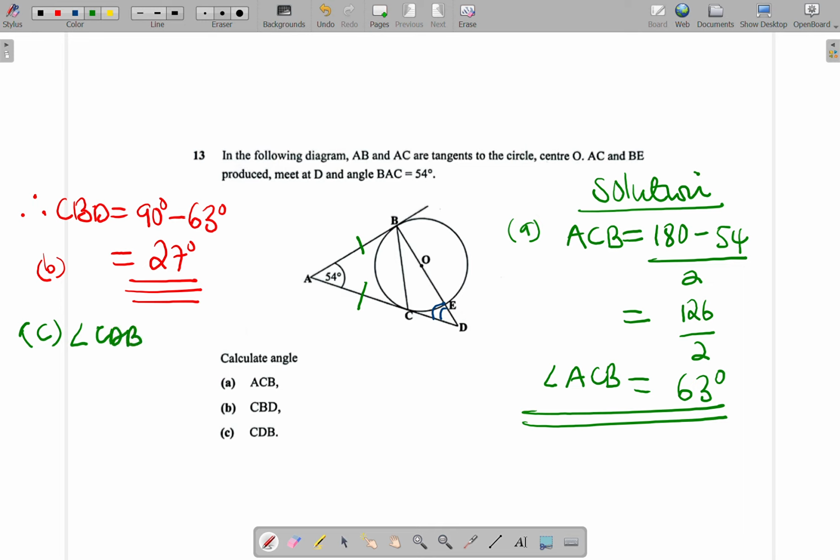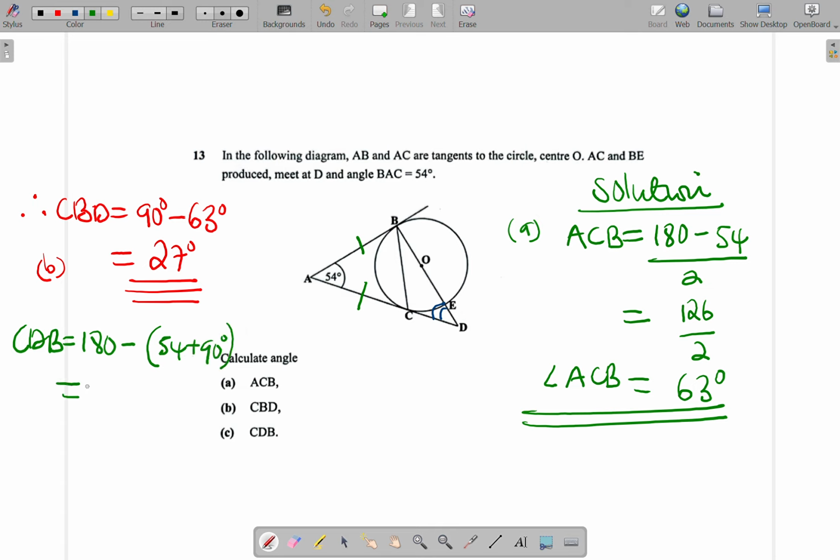CDB is going to give us 180 less, so let me just clear this, we write nicely. So CDB, let's call it CDB. CDB is going to give me 180 less 54 plus 90 degrees.